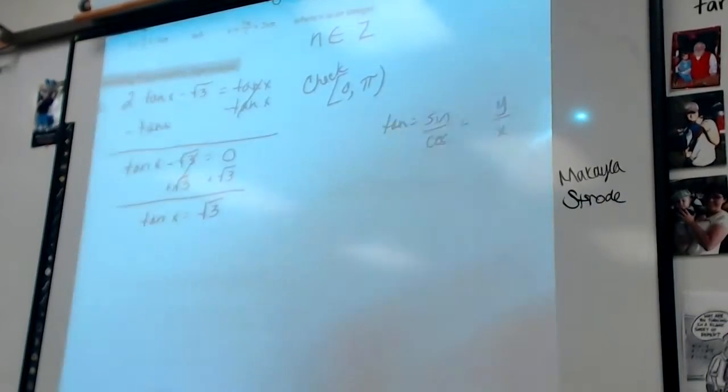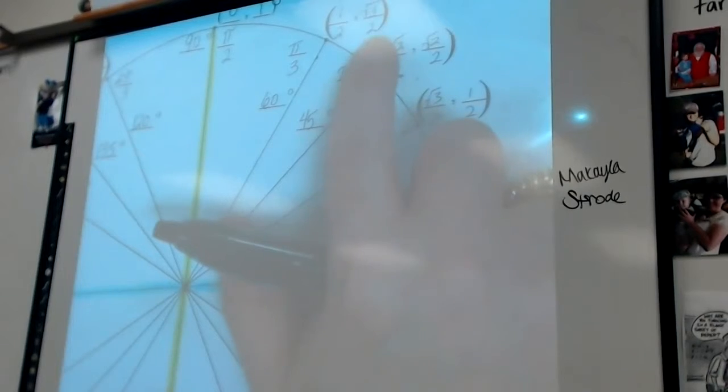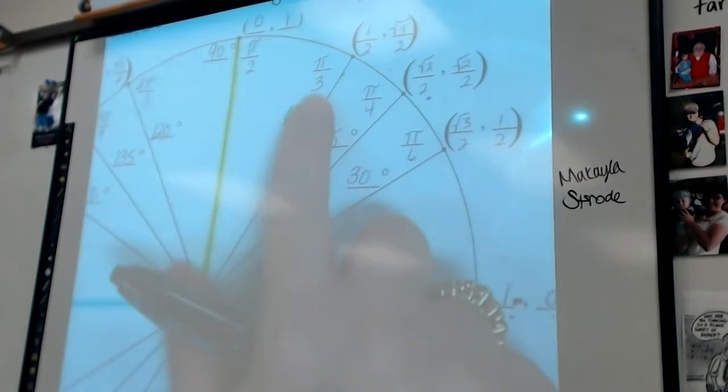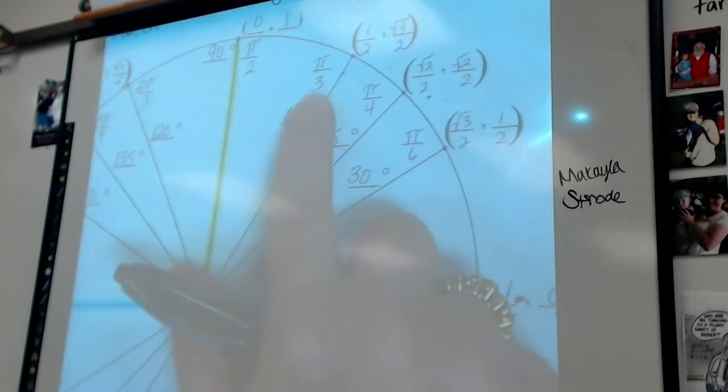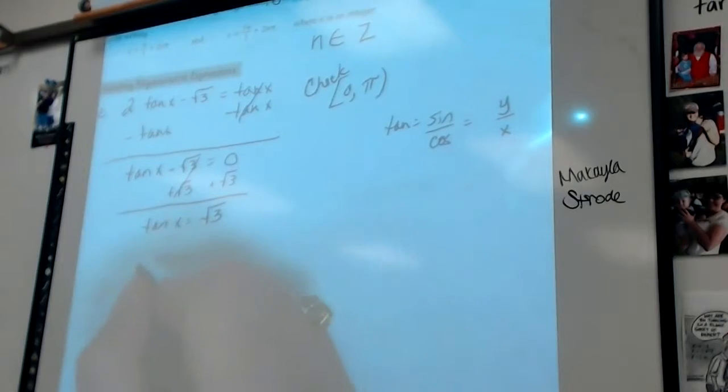So we're going to be looking at the ones that have 1/2 as the x and square root of 3 over 2 as the y. Now we're only checking 0 to pi. So right here's one of them. Pi over 3 is one of your x values.